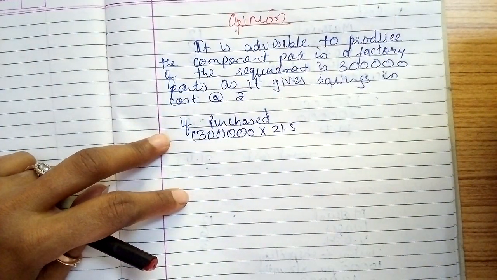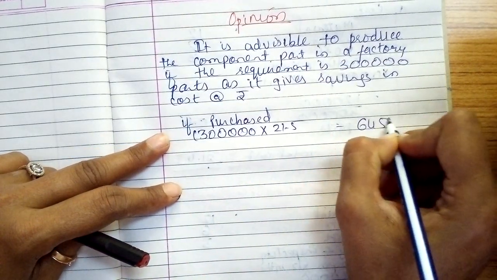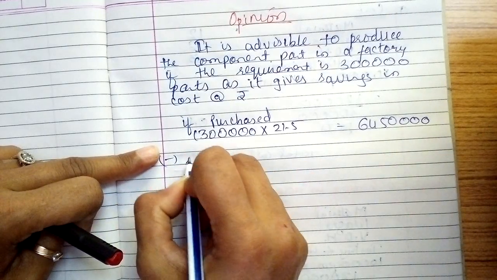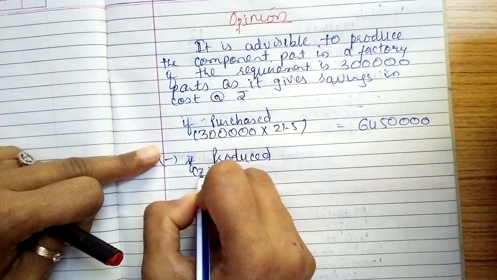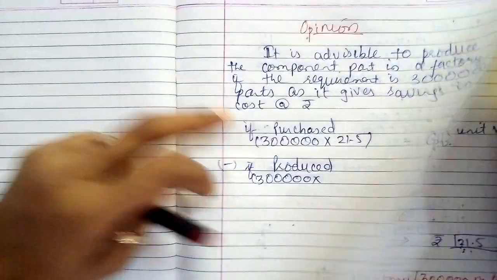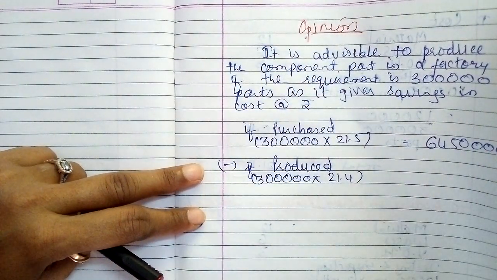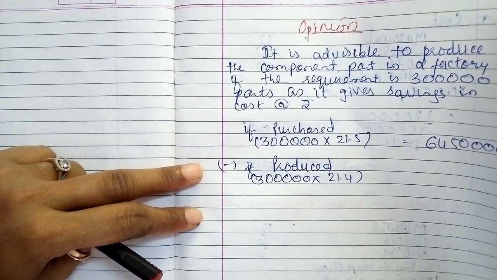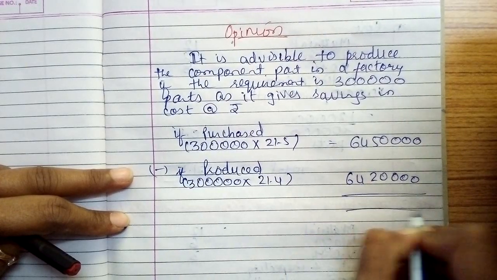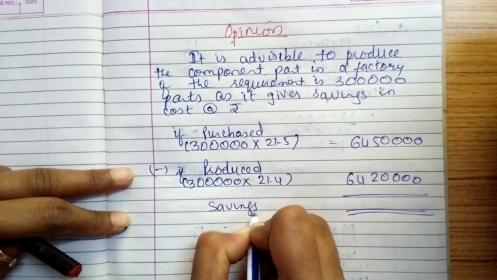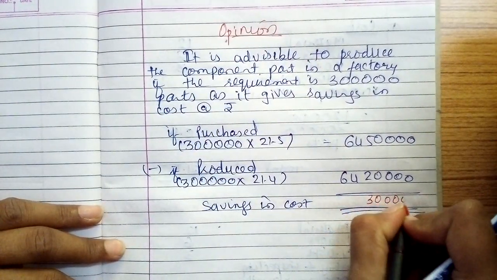So 3 lakhs into 21.5 is 64,50,000, minus if produced, 3 lakhs into 21.4, which is 64,20,000, right? So savings in cost will be 30,000.